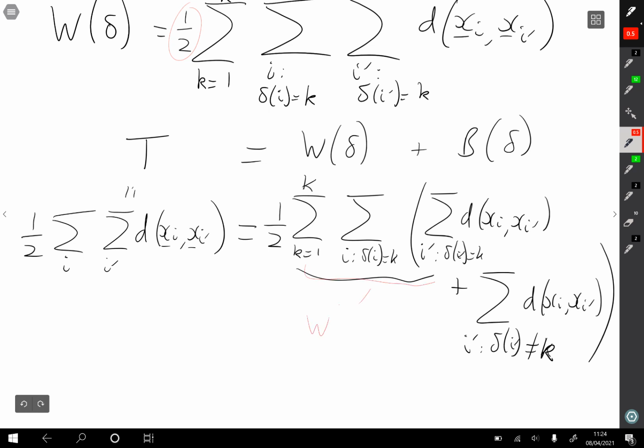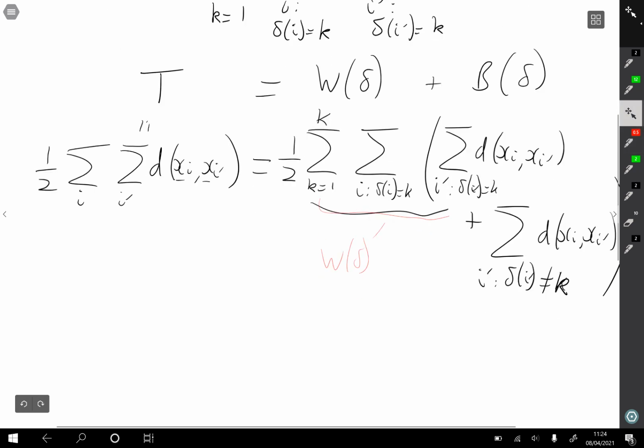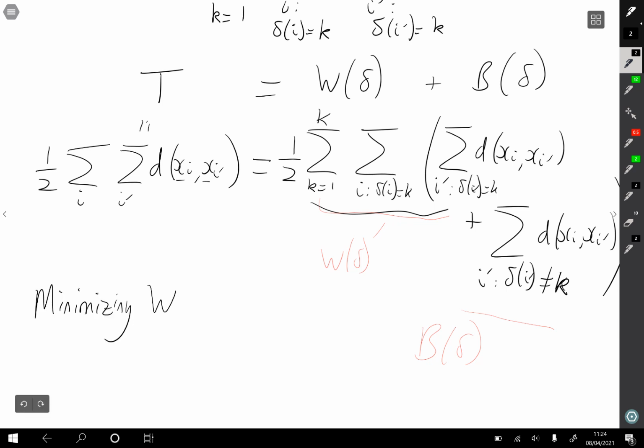Okay, now this first term here is our within cluster spread, and the second term here is going to give us the between cluster spread. So we can see that minimizing the within cluster spread is equivalent to maximizing the between cluster spread.